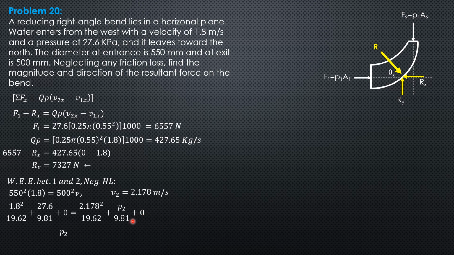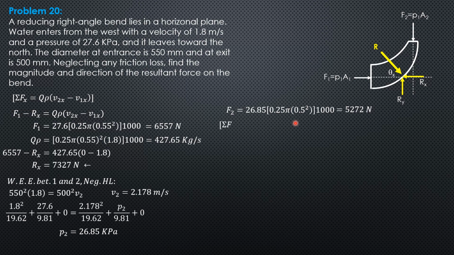So pressure at 2 is equal to 26.85 kilopascals. F2 therefore is 26.85 times pi over 4, or 0.25 pi, times diameter 0.5 squared, times 1000 to convert to newtons. Pressure times area, pressure at 2, area 2. So 5272 newtons.